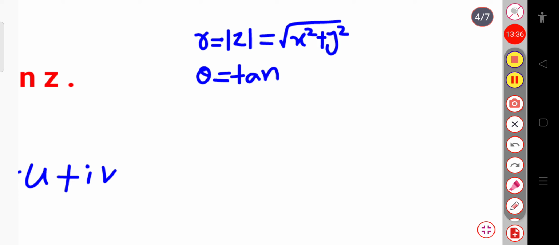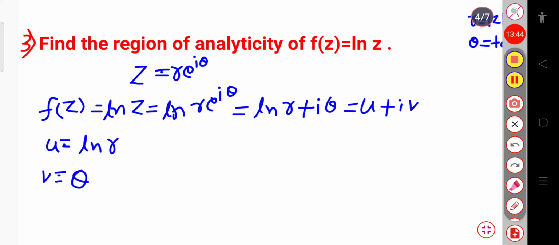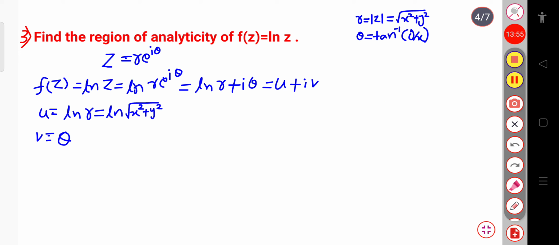This is the Cartesian to polar representation, or we can say the polar to Cartesian representation. So we can put u equal to ln of the root of x square plus y square, and for θ we can put tan inverse y by x. Okay.